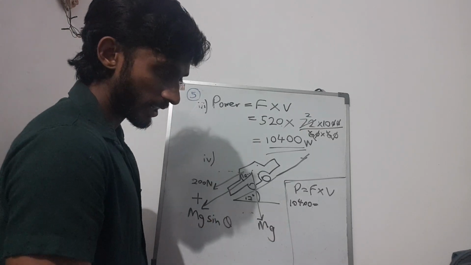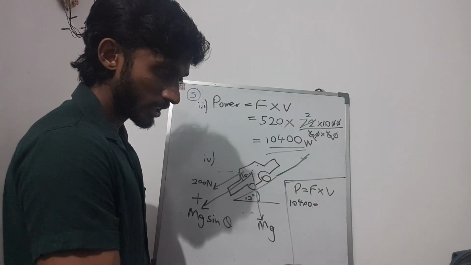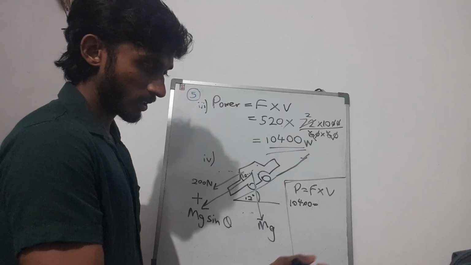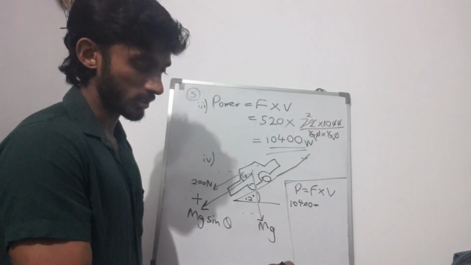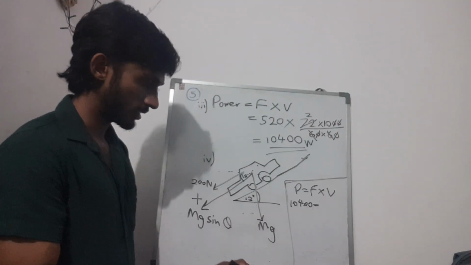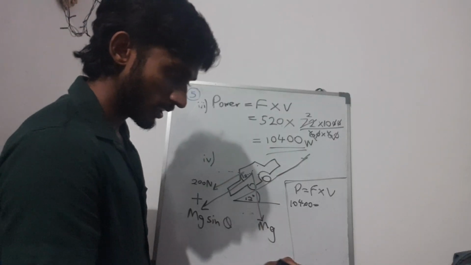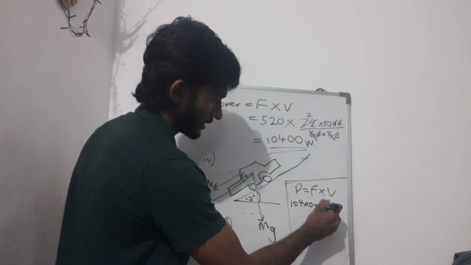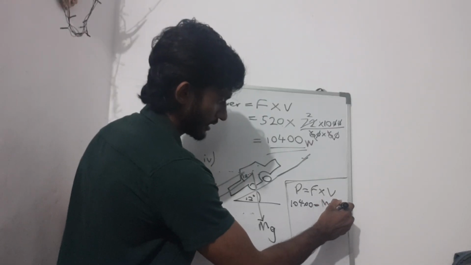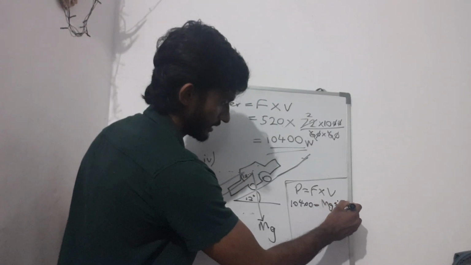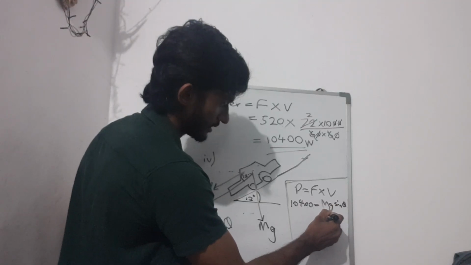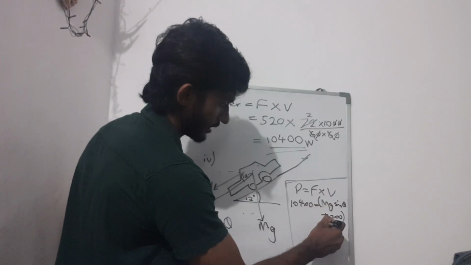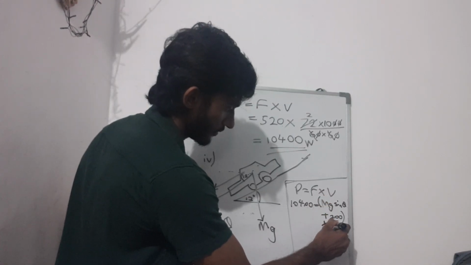Mg is 12,000. So 12,000 sin theta plus 200, into V.